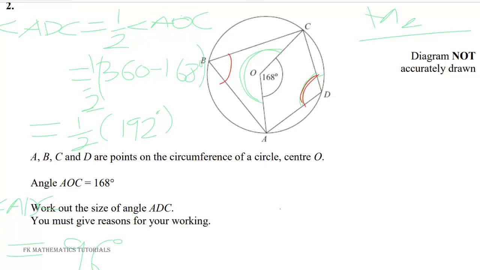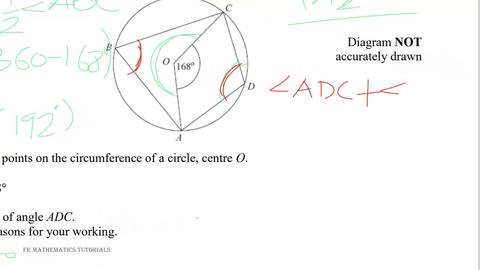So first of all, we find this angle here, which is angle ABC. So we know angle ADC plus angle ABC is equal to 180 degrees.